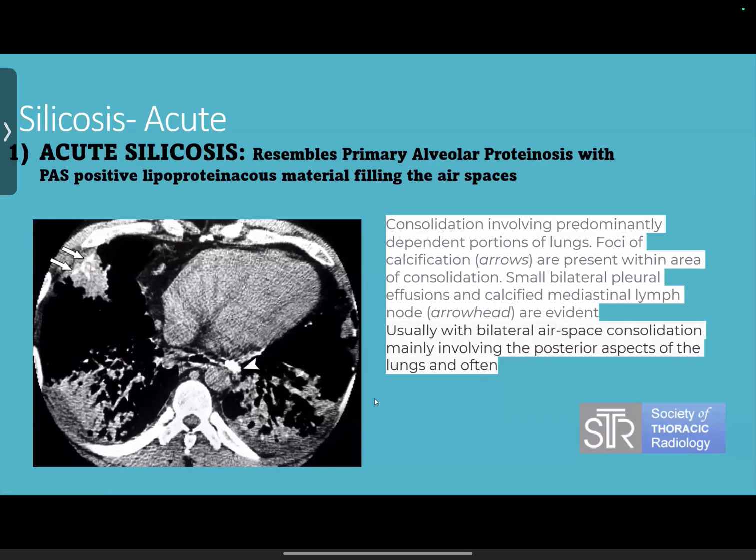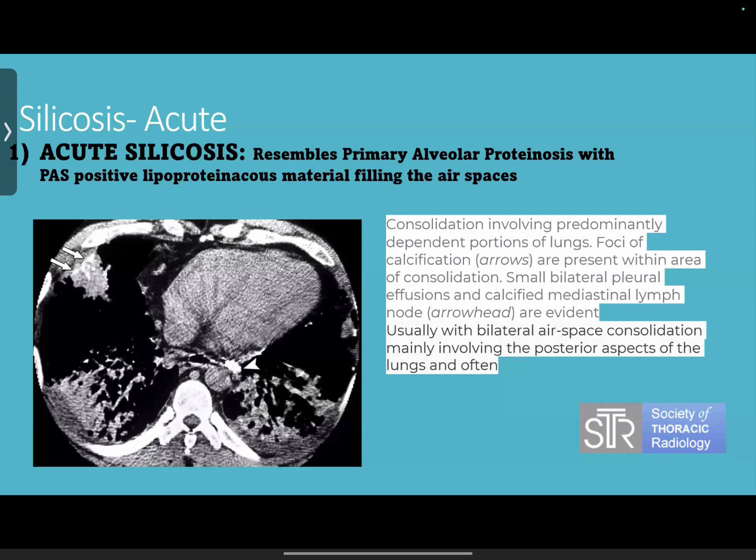This one is acute silicosis, which may resemble primary alveolar proteinosis, and the reaction here is PAS positive lipoproteinaceous material filling the air spaces. As you can see here, there are more consolidative opacities with air bronchograms in the bilateral lower lungs.